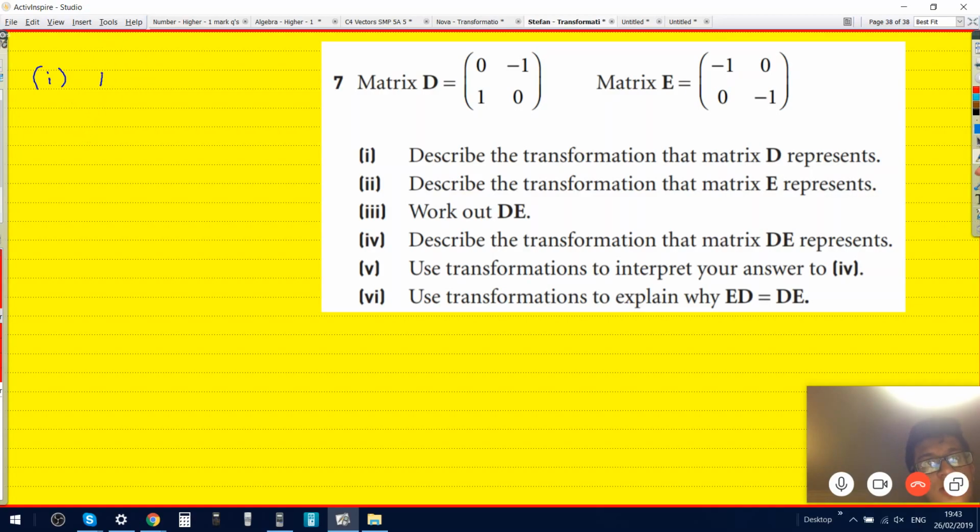Reflection, what is it? In the y-axis. No, wait. Zero minus 1. So that you.